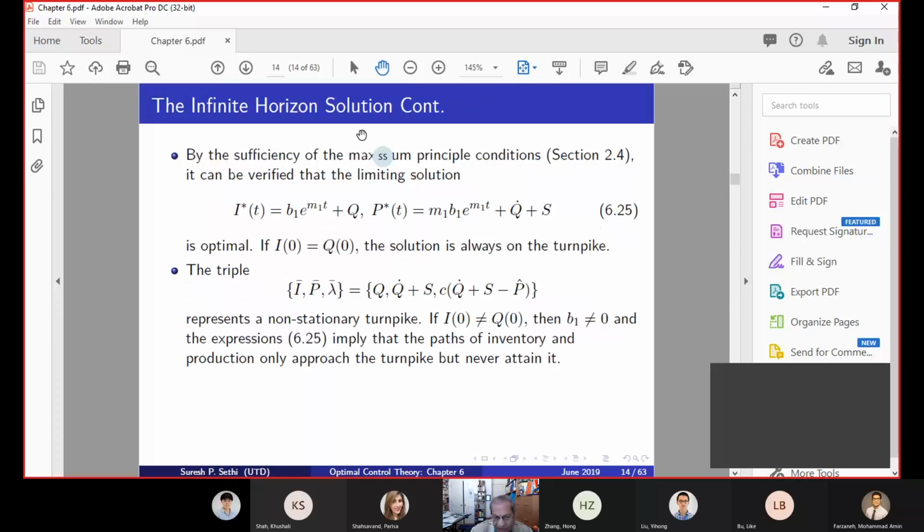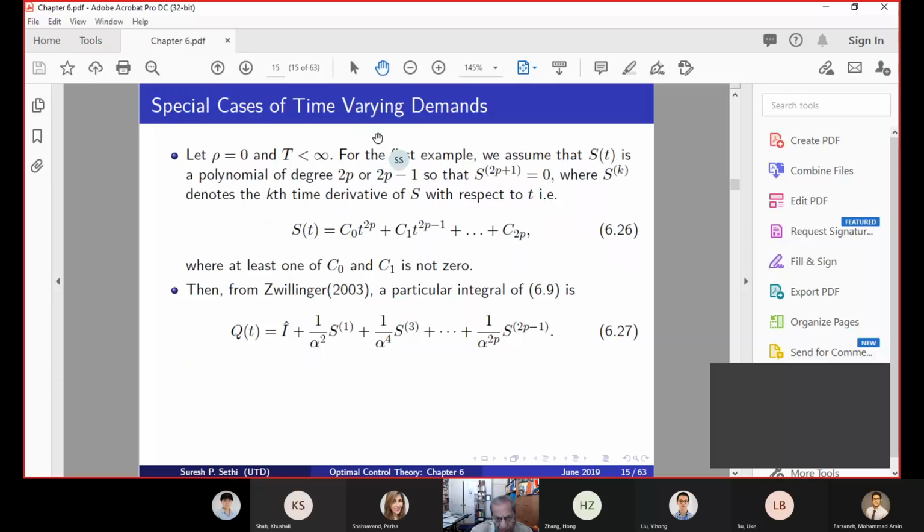So now let's take some examples. One example is that I can assume the demand to be a polynomial. For any degree polynomial, you can write this to be a polynomial of degree 2p. And for that, Zwillinger tells you what the particular integral is.